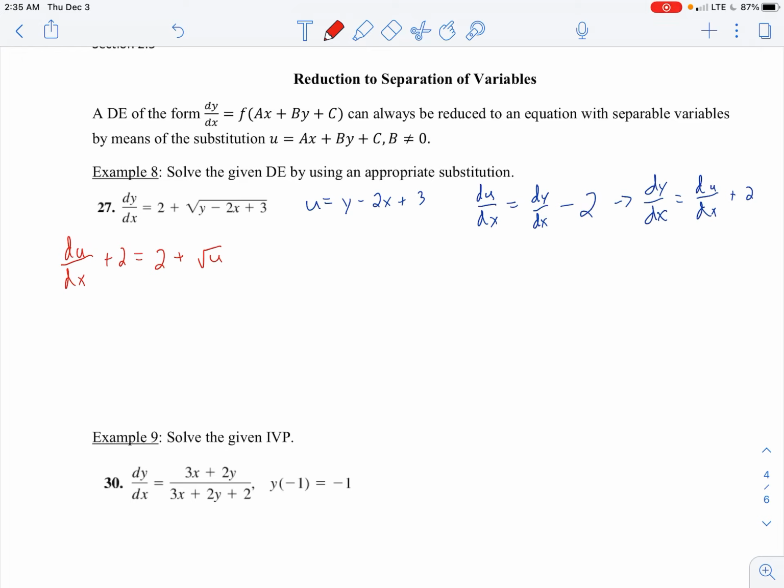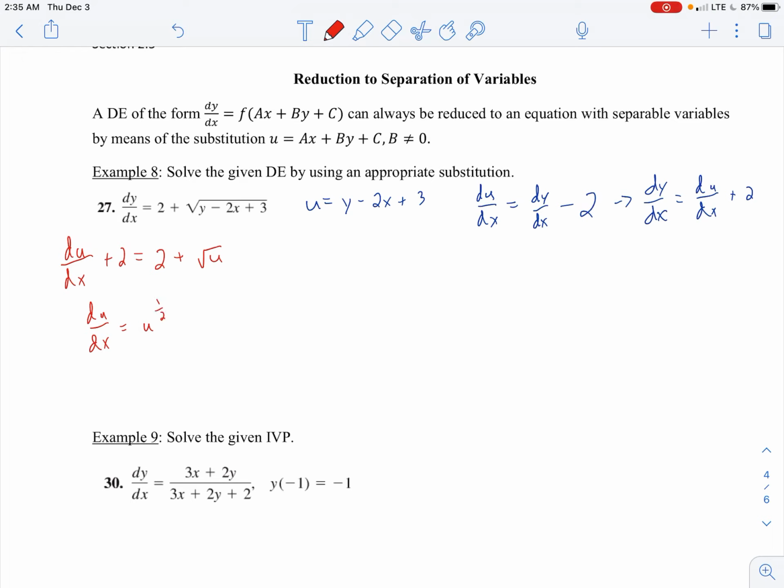Now again, if it's of this form, this is a way that we could try. It doesn't mean this is always going to work, but it's another method to try. And again, this has to be a first order differential equation. We have plus 2 on both sides, so that will cancel out, and we're left with du over dx is equal to u to the 1/2.